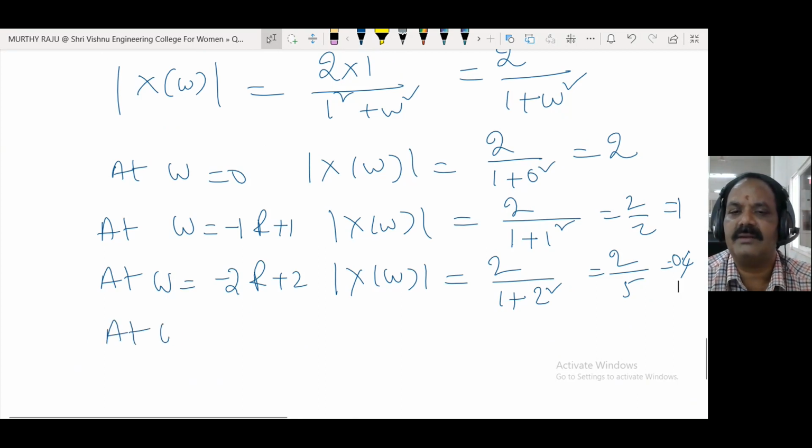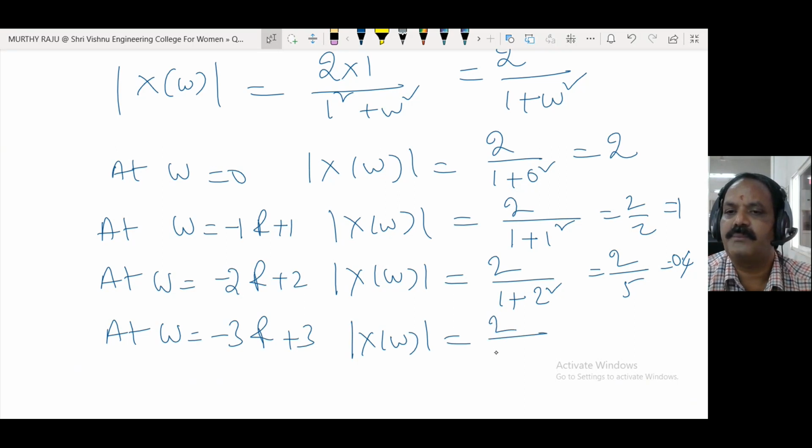If omega is equal to minus 3 and plus 3, mod X of omega is equal to 2 by 1 plus 3 square, 2 by 1 plus 9, that is 2 by 10, 0.2.